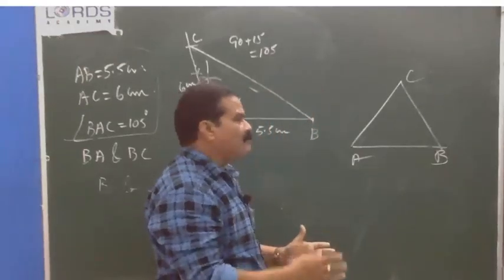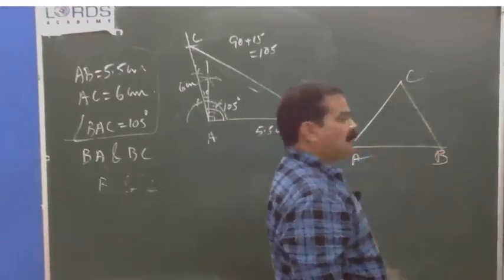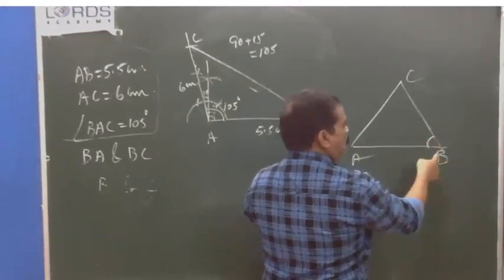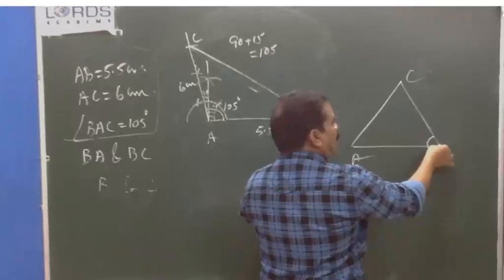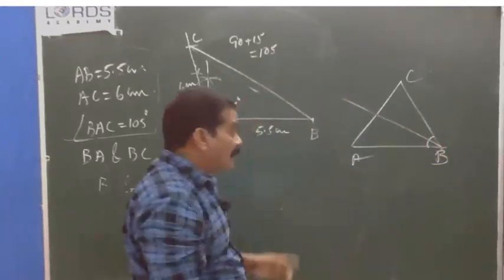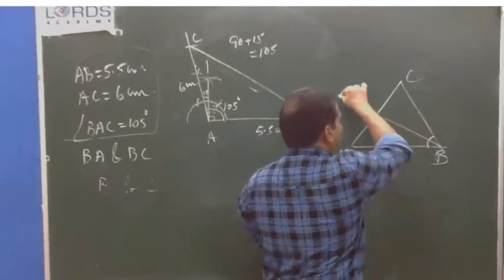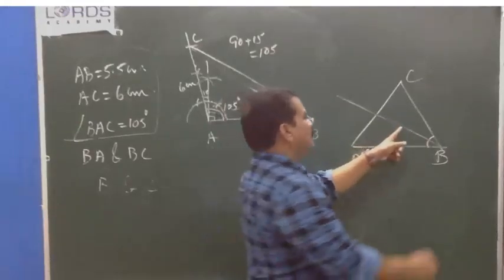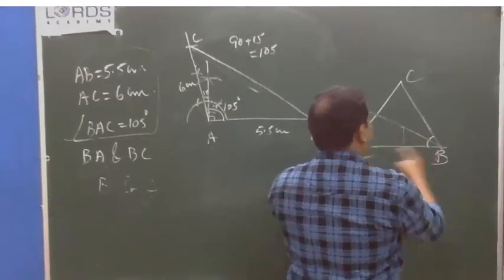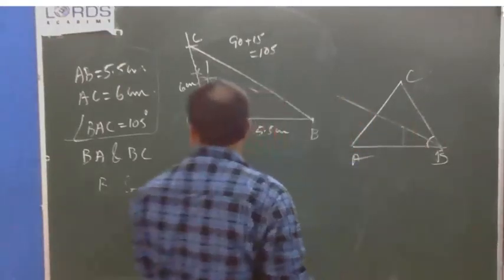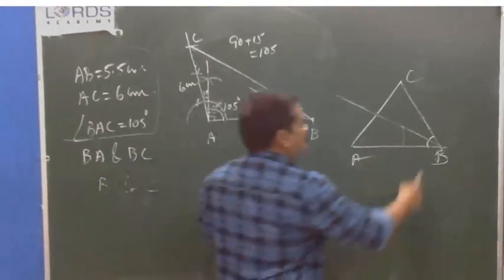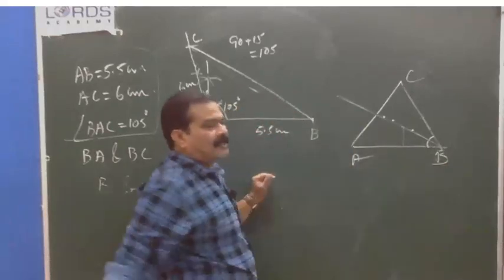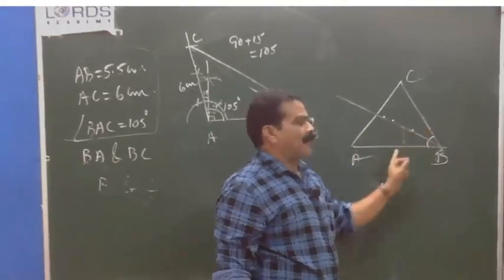Construct a locus of points from BA and BC means you draw the angle bisector of this common angle B. Any point you take on this line will be equidistant from BA and BC.